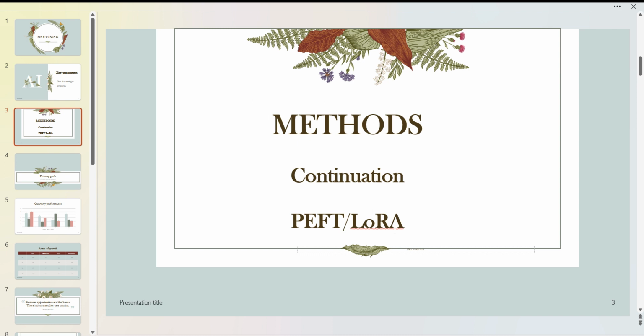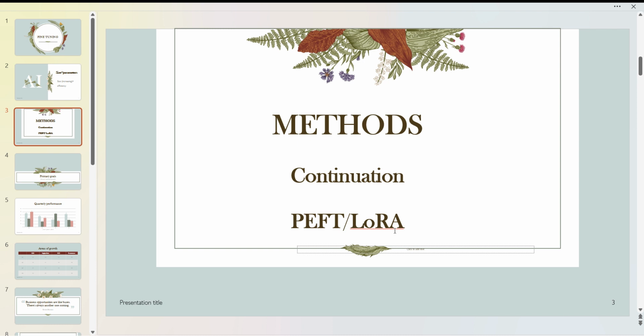We are freezing about 98 parameters and then including more data sets on which we want to train the model. So in this case, only 0.5 or 1.5% of the parameters will be trained. It's very handy, very cost effective, and takes less time.